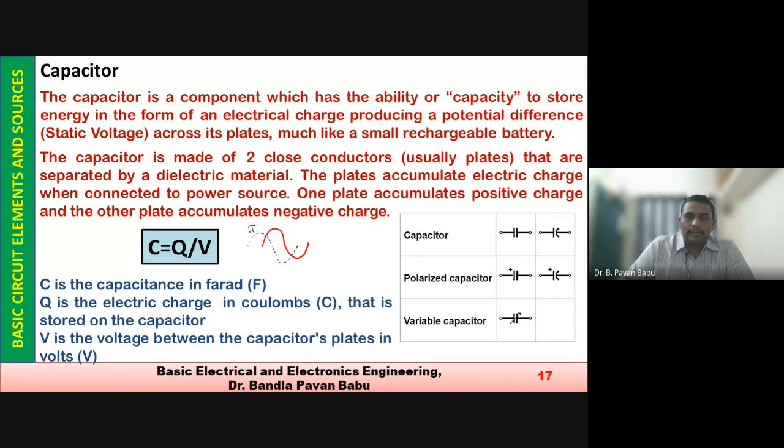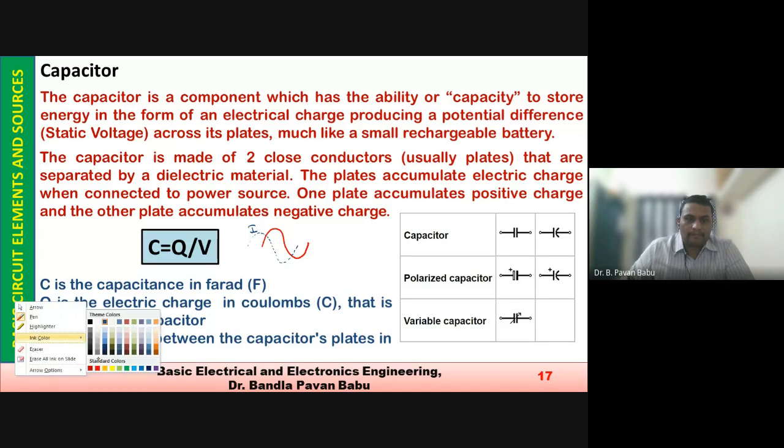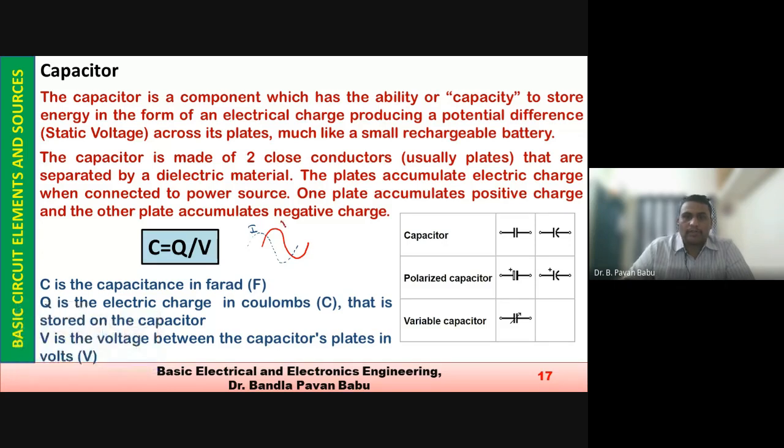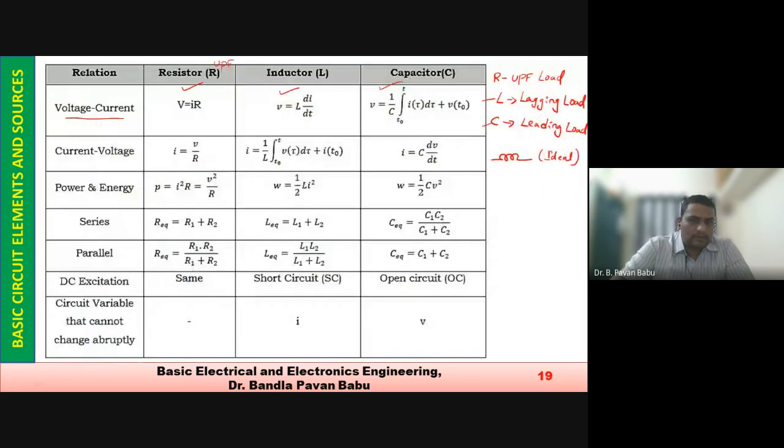This is the current, and this is the voltage. Here I leads V. Hence it is called a leading power factor load, or leading load. That is the reason for calling these types of loads.